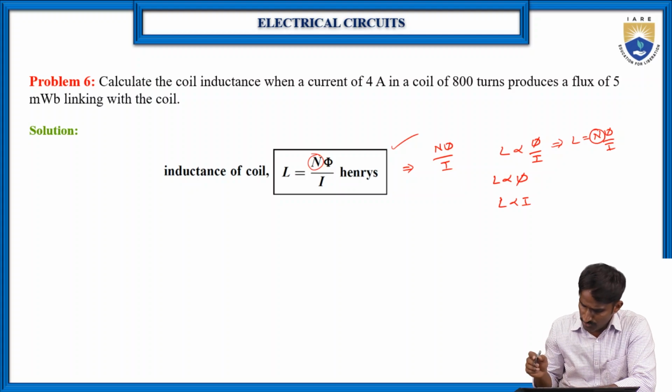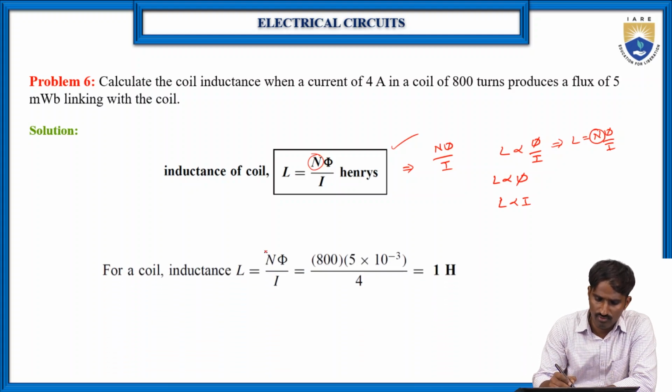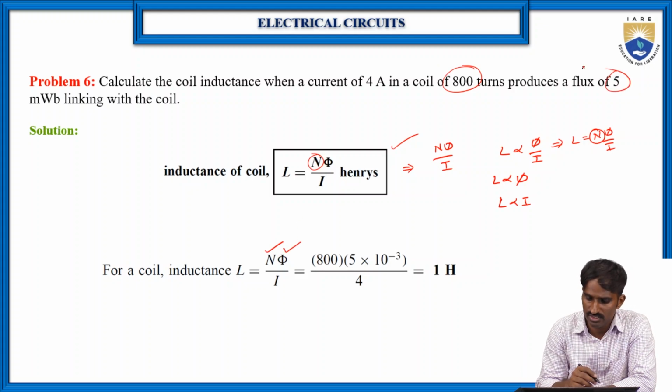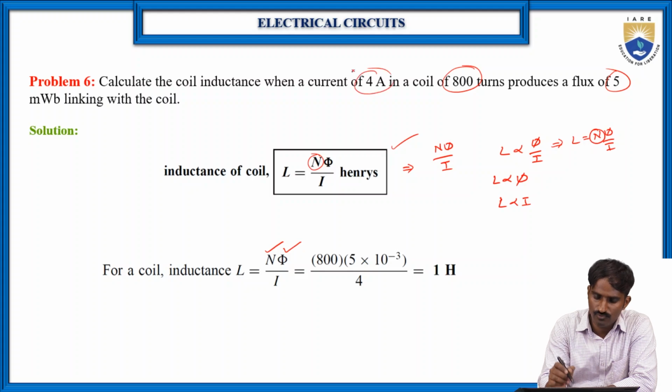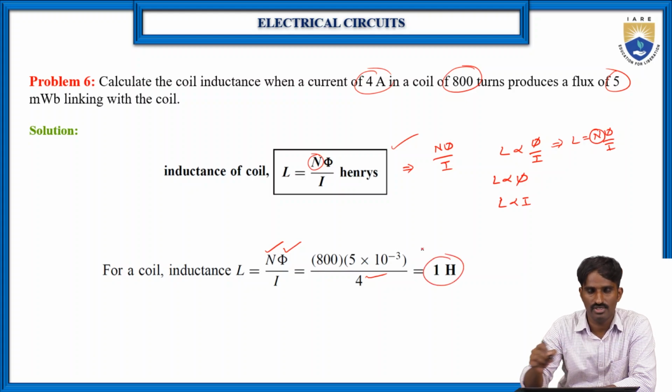Then substitute all these values here because we know the value of N, that is 800 turns that they have given, and phi, the flux linking with that particular coil, is 5 milliwebers, which means 5 into 10 to the power of minus 3, and the current here is 4 amperes. You substitute all these values, then you will finally get the inductance of the particular coil, which is equal to 1 Henry.